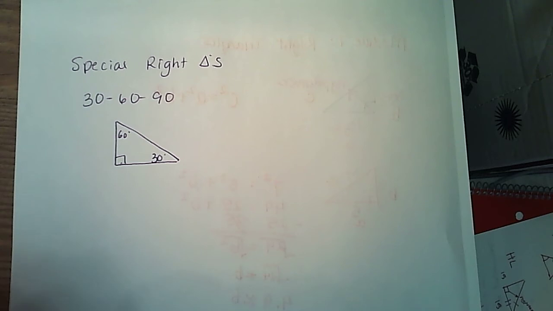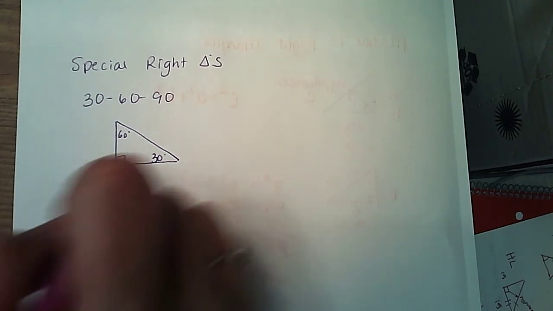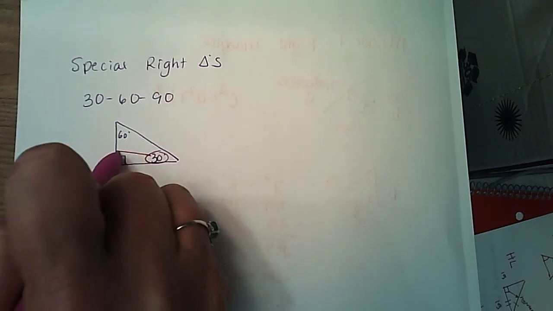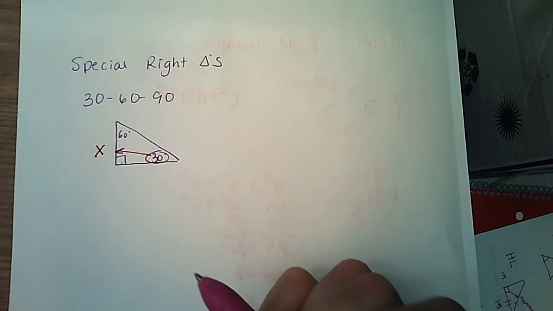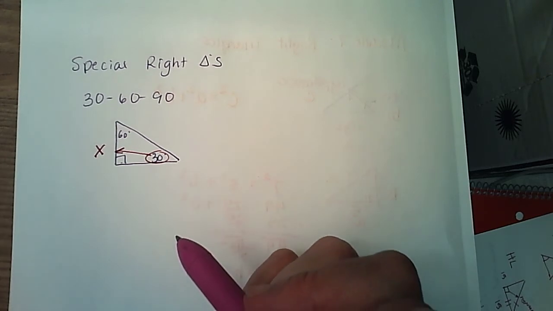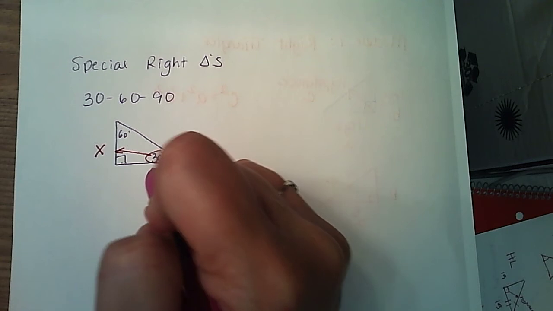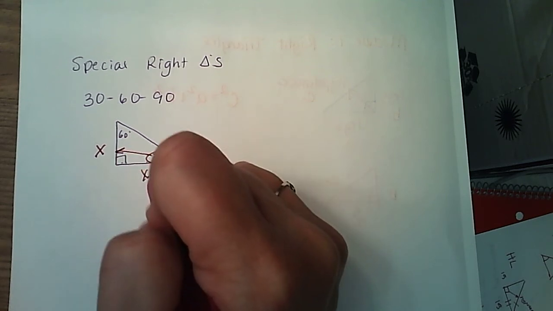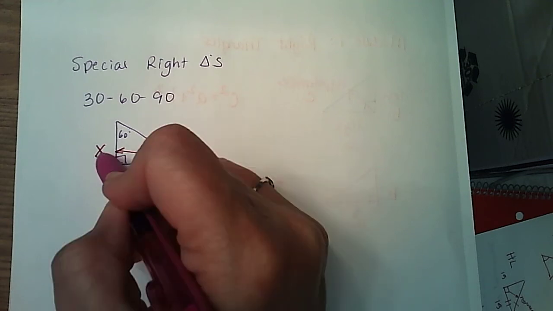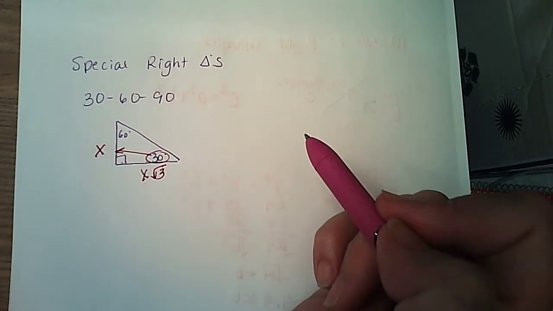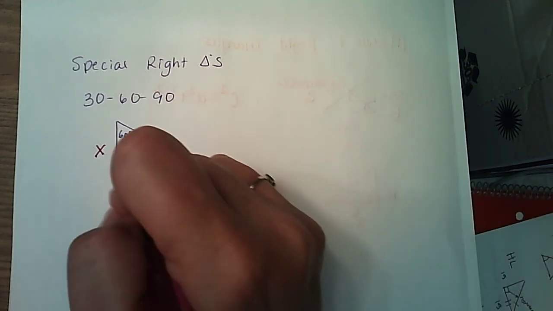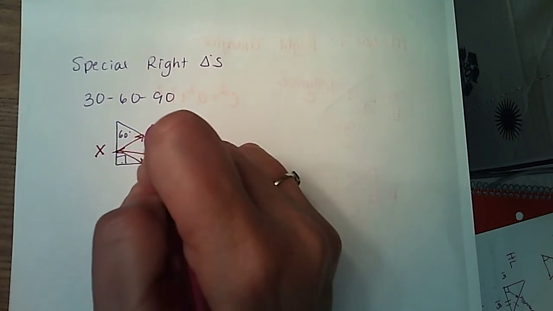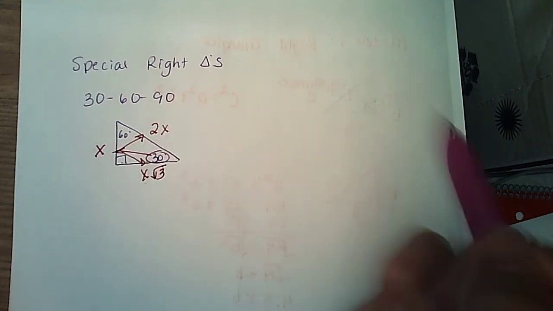Now with this special right triangle, there's a pattern. What I always say to my students is, he's the small guy, he is the driver, he is my X, he is the one who's going to go. My medium leg over here is going to be X square root of 3. That means whatever he is, it's the square root of 3 times him. My hypotenuse is 2 times that short leg.